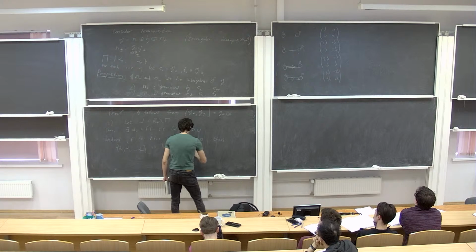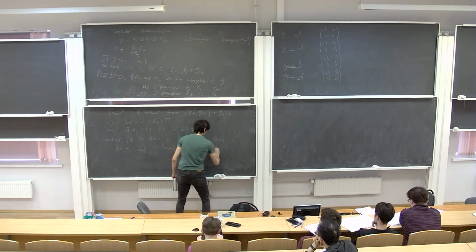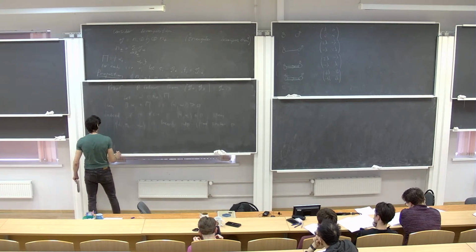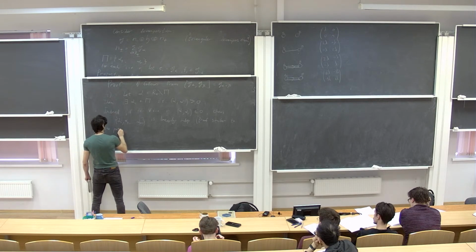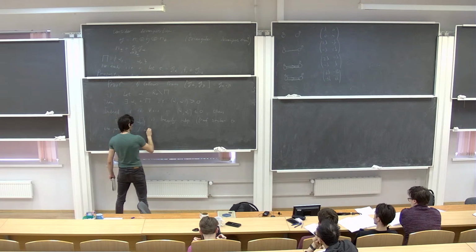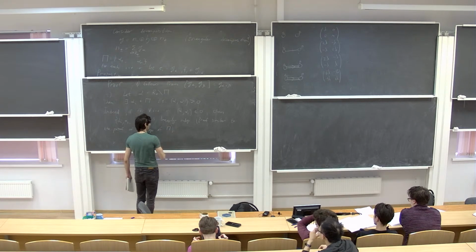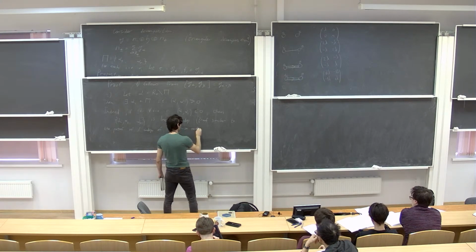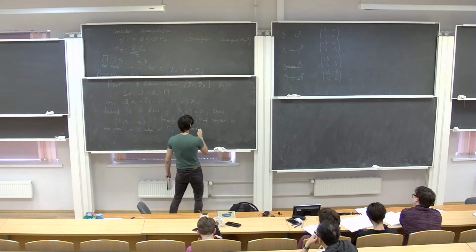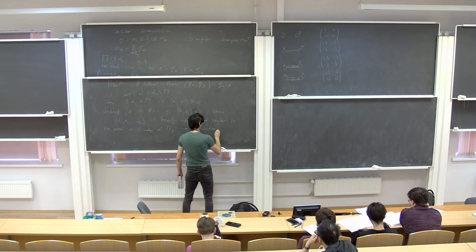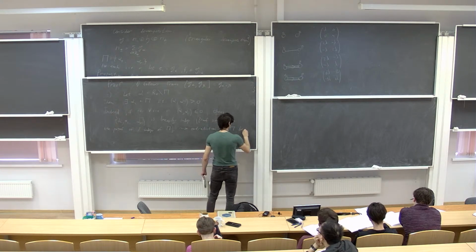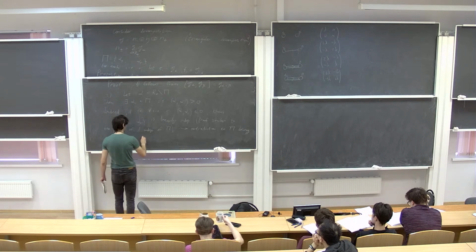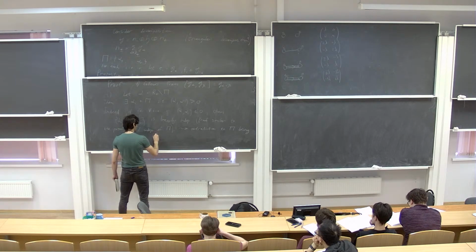So the proof is similar to the proof of linear independence of pi, but this is a contradiction to pi being a basis in H star, right?